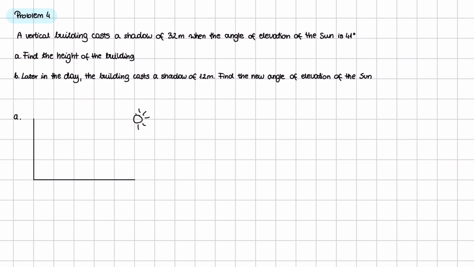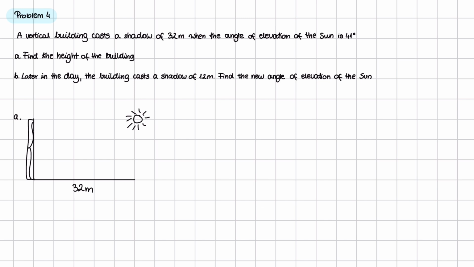So like this. Our vertical building casts a shadow of 32 meters. So this is our building, and it casts a shadow of 32 meters, so the shadow is in here, 32 meters.